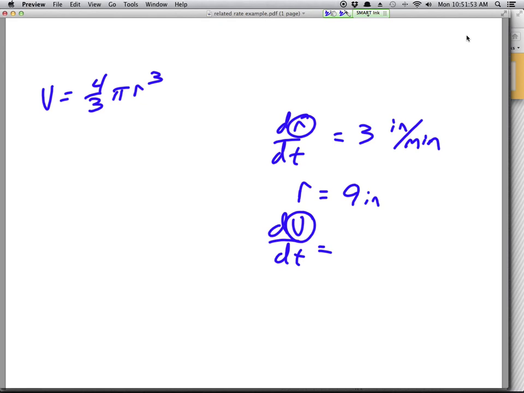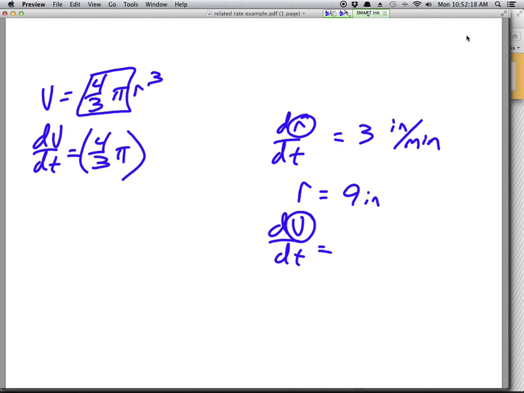So now, what do I need to do to my formula? Find the derivative. So what's the derivative of V? dV over dt. Okay, what are 4/3 and pi? They're coefficients. What happens to coefficients when I take the derivative? They stay there. So 4/3 pi is going to stay here.